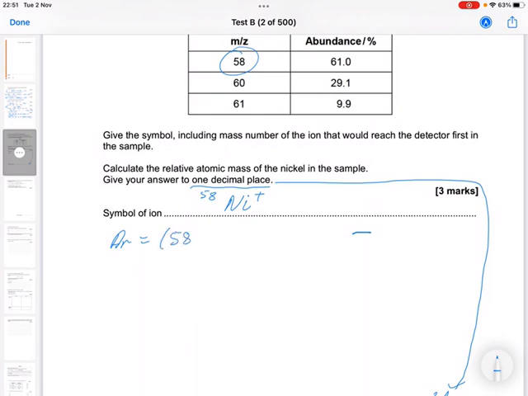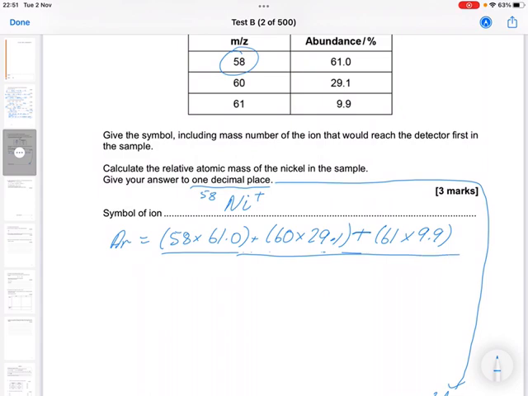So 58 times 61 plus 60 times 29.1 plus 61 times 9.9, all divided by the total abundance, and because this is in percentages, that is going to be 100, so that's going to be one of the marks.